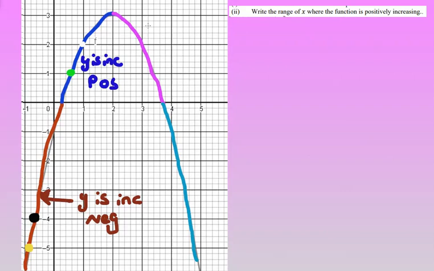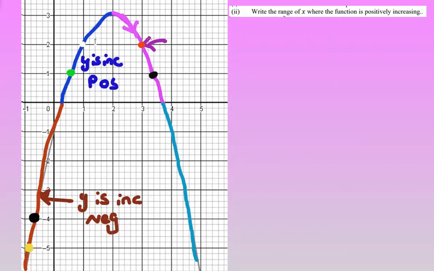Now let's look at the purple part. To get an idea how the function is behaving, let's mark 2 points, an orange point and a black point. So when you're going from the orange point to the black point, what's happening to the y value?